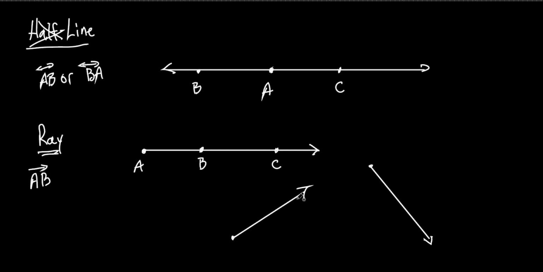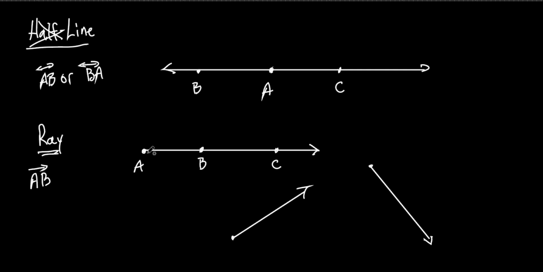Whether or not our ray is slanted, whether it goes to the left, or whether it goes up or down, it doesn't matter. We write our ray with the arrow always going to the right. Remember, you can't say ray BA, because it's not the same. This picture right here does not start at B. It starts at A.